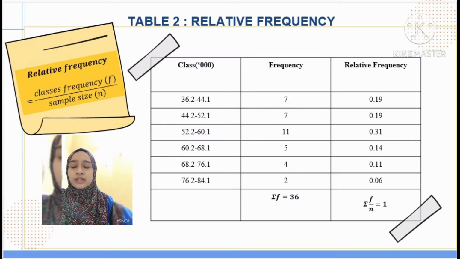Then how can we get the relative frequency? We get relative frequency by frequency divided by sample size, which is 7 divided by 36. We get 0.19. So after we add all of them, we get the relative frequency as 1.